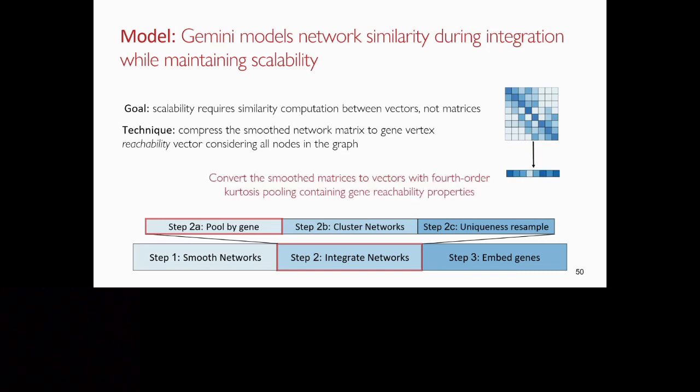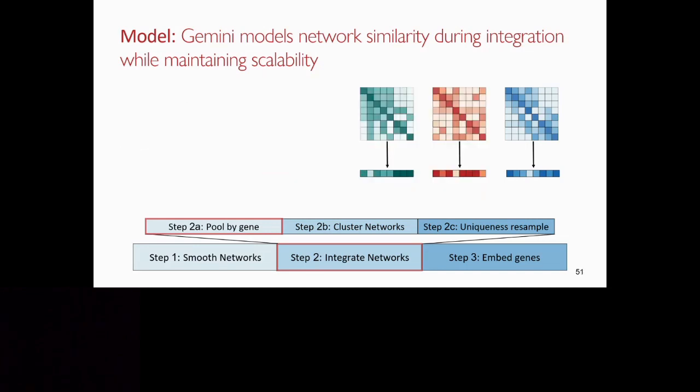And a little bit more specifically, we do this with the 4th order kurtosis pooling of each column in our smooth representation. So intuitively, if we have a gene vertex that is very reachable by most parts of the graph, we might expect that to have a lower kurtosis than a more isolated gene node that is sort of accessible by its clique, but not by most of the graph.